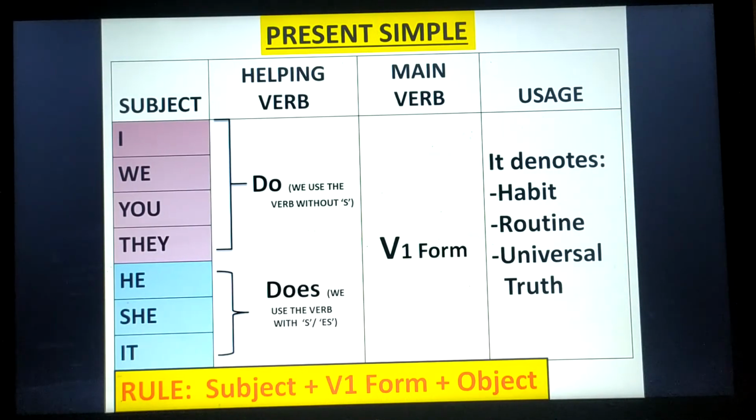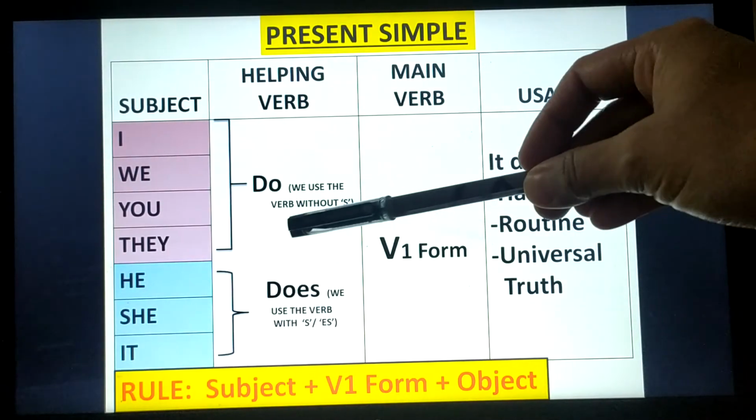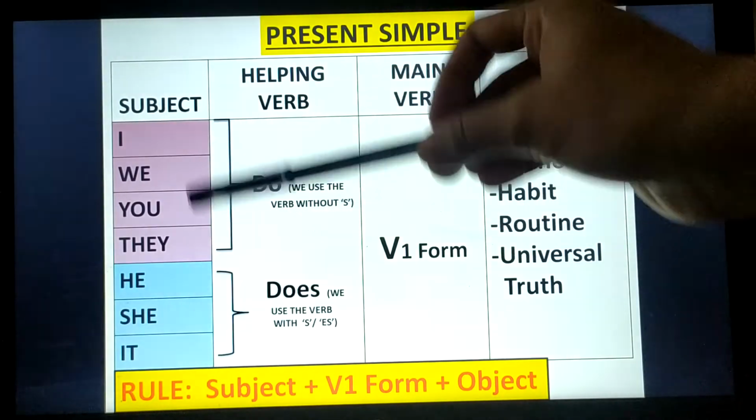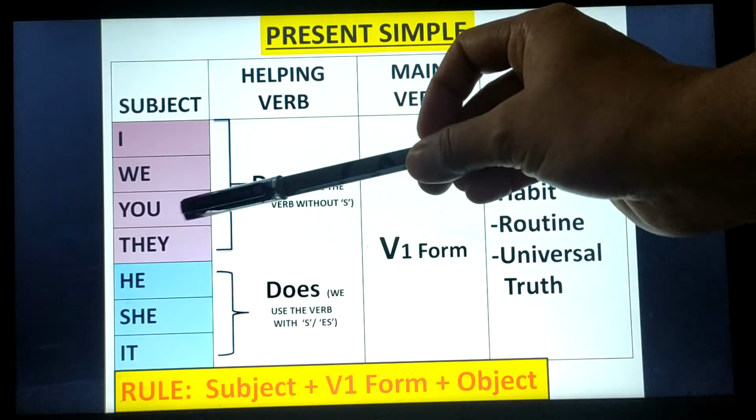If you talk about helping verb, in this case, we rarely use helping verb with present simple. We use helping verbs do and does usually in case of negative and interrogative. And apart from that, we use a verb without s when we are using it with subject I, we, you, they.